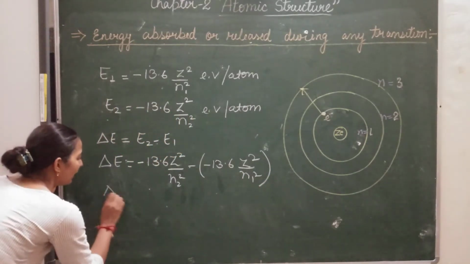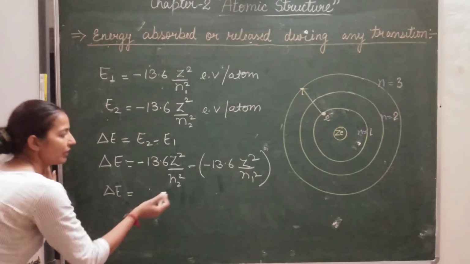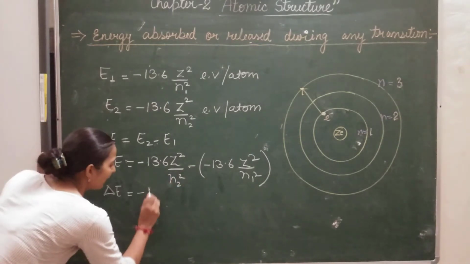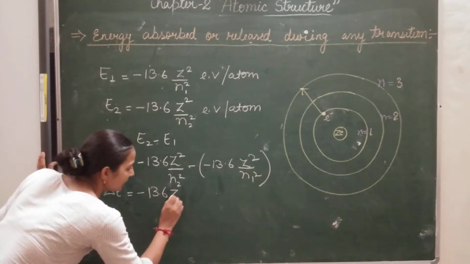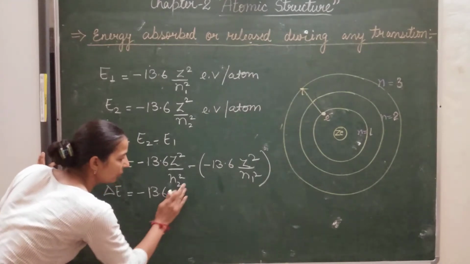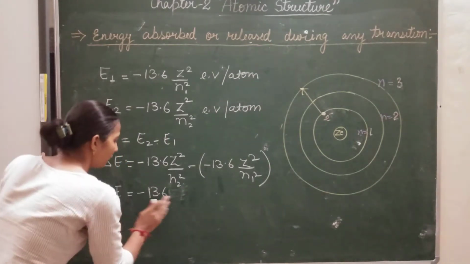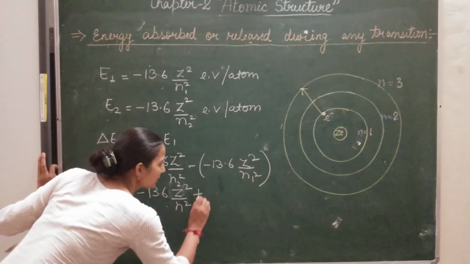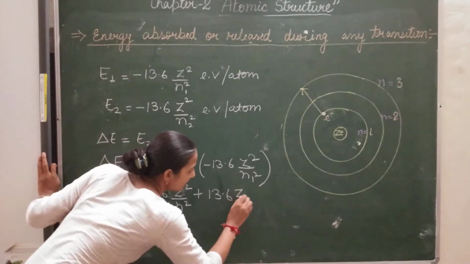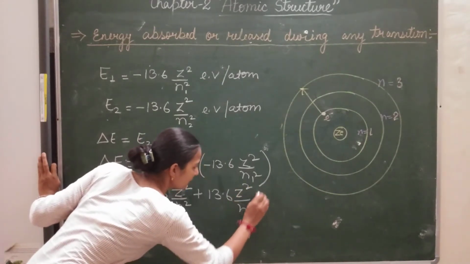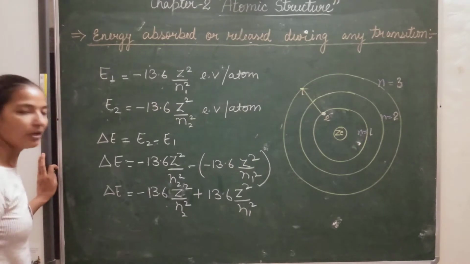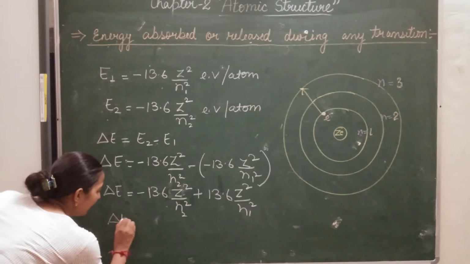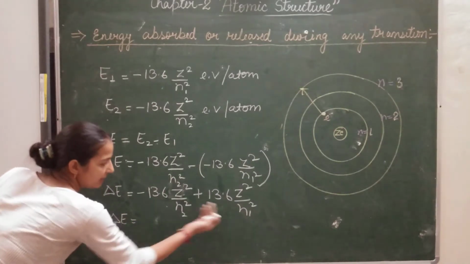So the minus becomes plus, and we take minus 13.6 Z square common. Let's write it: Z square upon N2 square plus 13.6 Z square upon N1 square. This is N2.